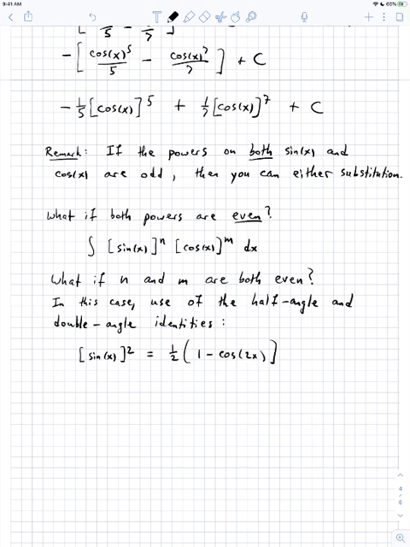It's called a double angle identity because your angle goes from x to 2x. You've doubled the angle, so that's why it's a double angle. Then you have cosine of x quantity squared. That's 1/2 times 1 plus cosine 2x. The only difference here is the sign. It's minus for sine and plus for cosine.